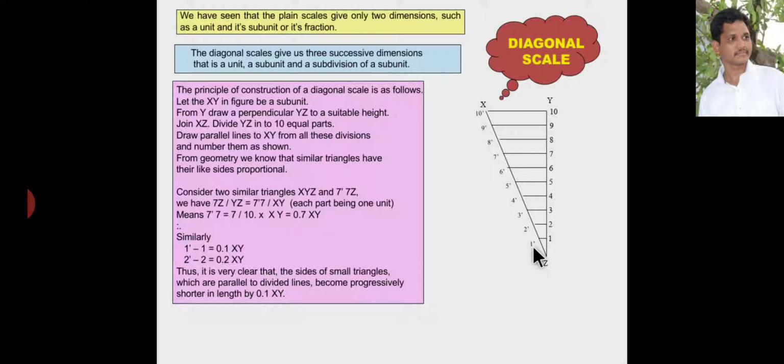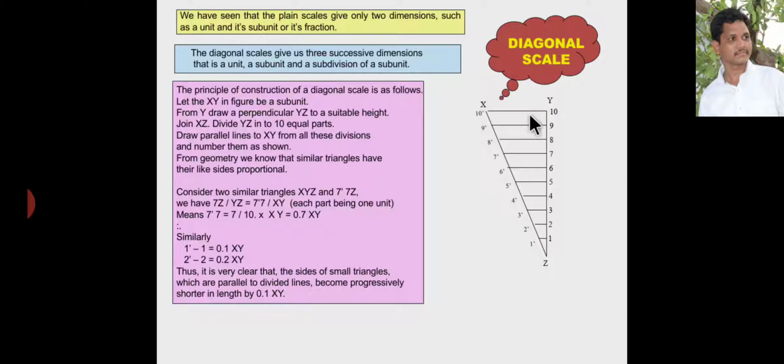Similarly, the 1 dash line represents 0.1 division, the 2 dash line represents 0.2 division, 3 dash represents 0.3, 4 dash represents 0.4, 5 dash represents 0.5, and then 0.6, 0.7, 0.8, 0.9 and 1.